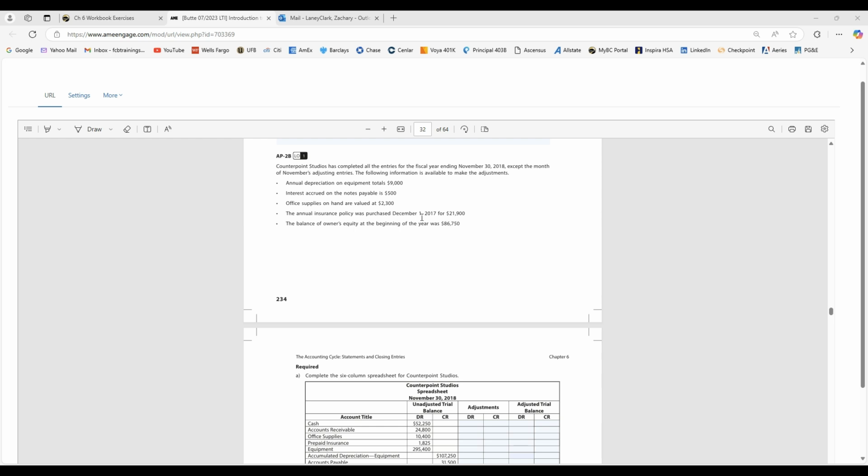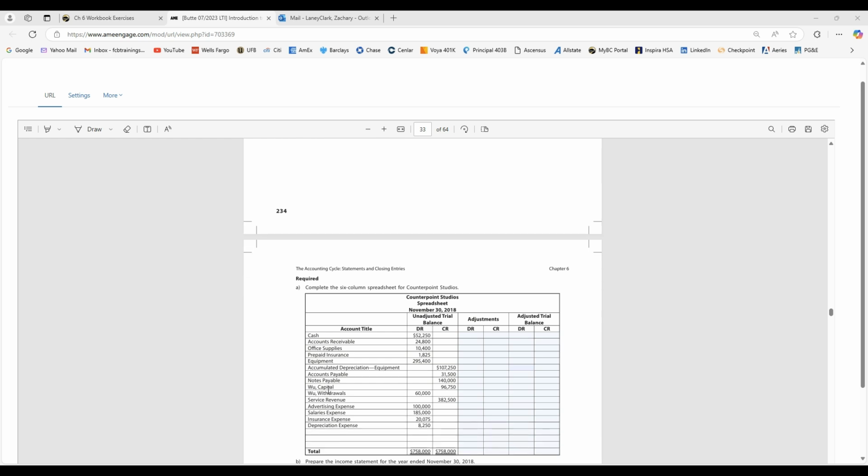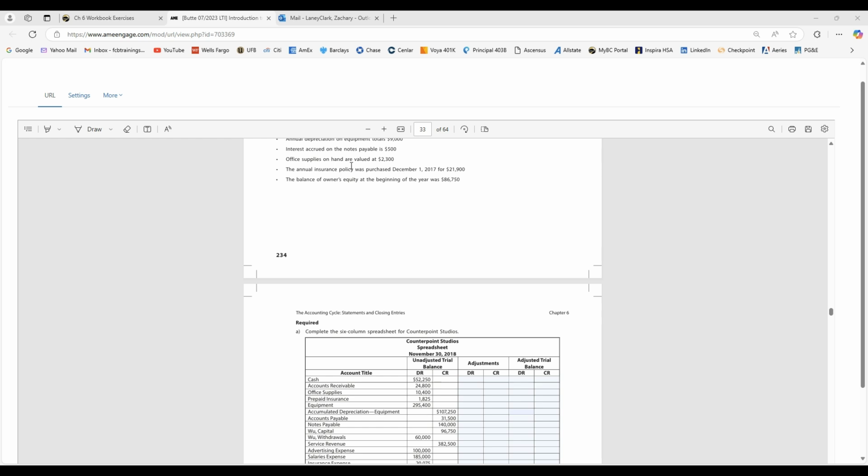And the annual insurance policy was purchased on December 1st, 2017 for $21,900. If we look down here at prepaid insurance, we have $1,825. So for that one, you'll want to take your $21,900 divided by 12 each month, and look back and make sure that was booked every month.